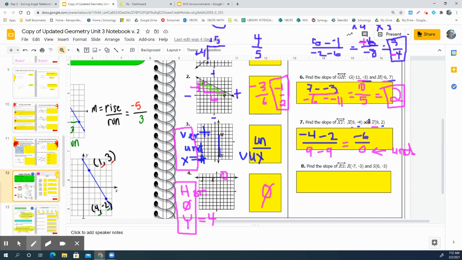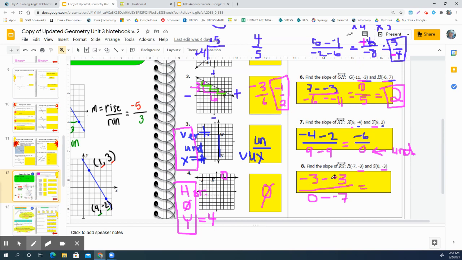So if I started with the -4, let's start this one with the -3. -3 minus -3. Make sure you're careful about those signs. -3 minus -3, and then 0 minus -7.